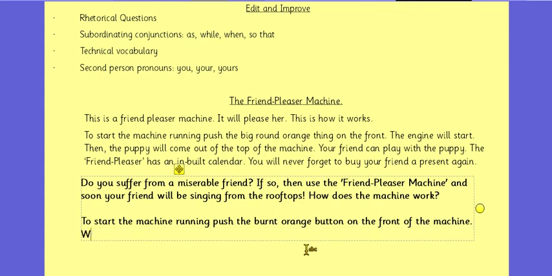Full stop. When you push the button, comma, the engine will growl awake. Full stop. So I've got in my subordinating conjunction when.